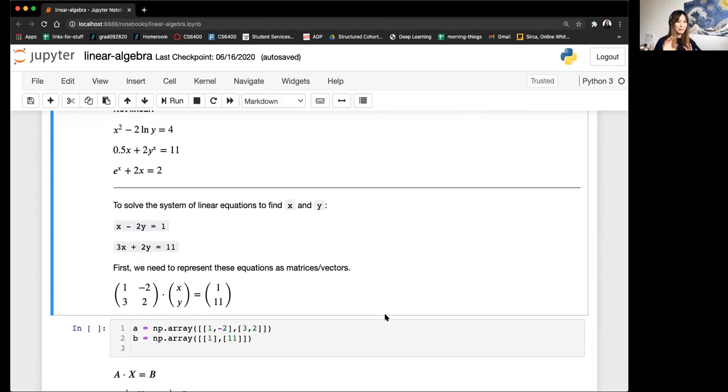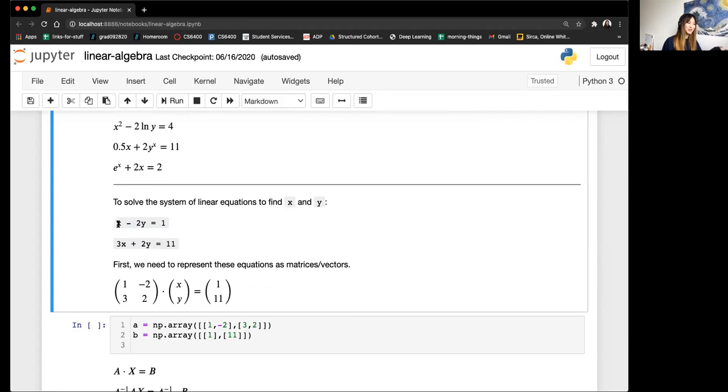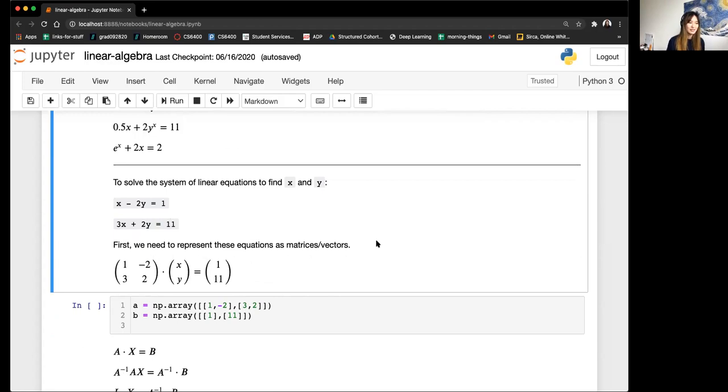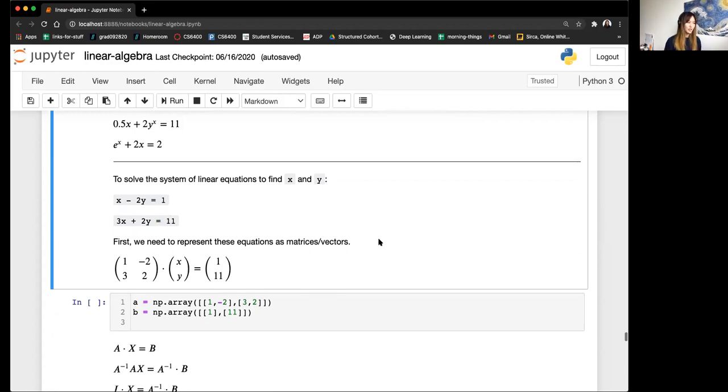This is the part that might seem familiar from high school algebra, I think maybe. Let's say we have these two equations over here. We have this system of linear equations in x and y, and we want to solve for x and y. One thing we can do is solve it using a matrix method. First, given these two equations, we need to represent them as matrices and vectors. One way to do it is to take all of the coefficients of the x's and y's and break them out into a matrix like this.